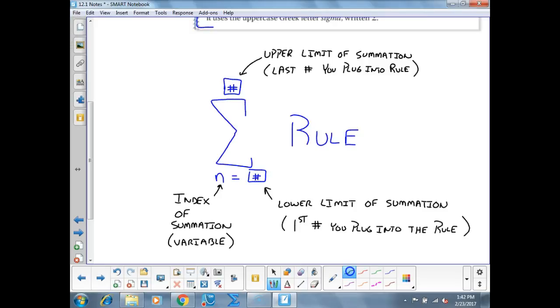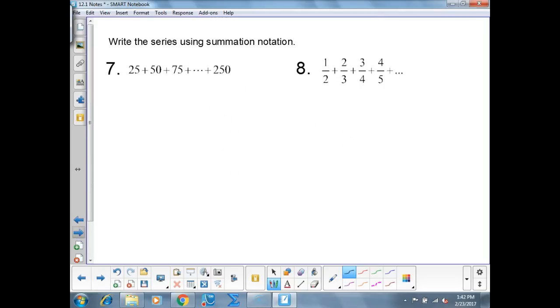Draw my arrows. All of those 4 parts need to be filled in sigma notation. All 4 parts need to be filled. So if you don't have those 4 parts, you need to first find those 4 parts.